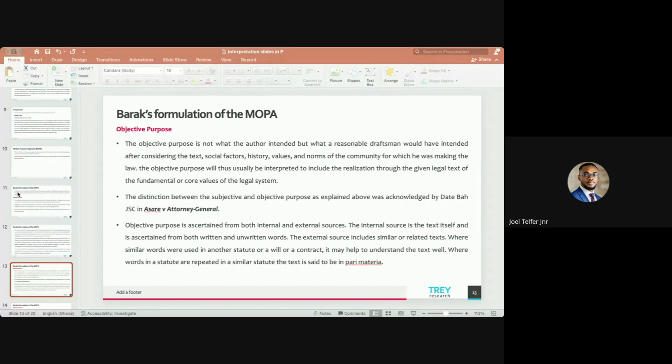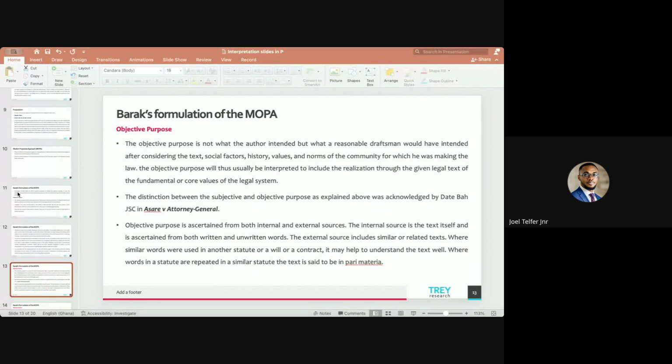So you doing the interpretation would consider the relevant norms and societal values at the time of the enactment and ask yourself, a reasonable man in the position of the draftsman or the person who made the law, what would he have intended to achieve at the time of enacting the law?